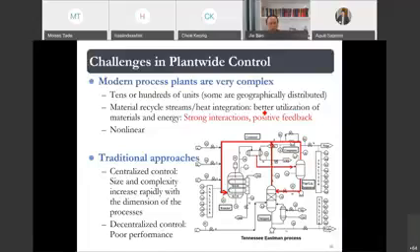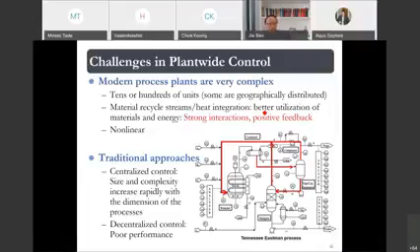Now, traditionally, we use centralized controllers. So we basically treat the entire plant-wide process as a single complex multivariable system and control that process using a multivariable controller, or if you use model predictive control, then you have a single complex multivariable model predictive controller.